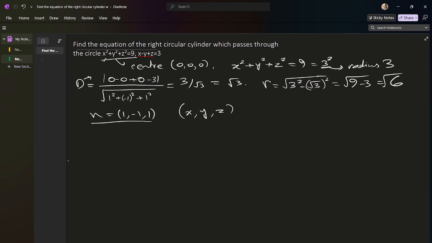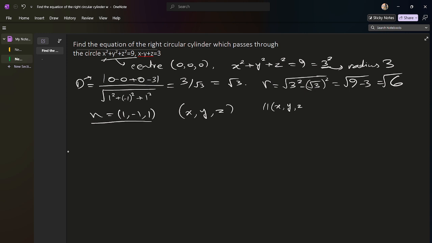So we have to calculate the distance first, with the directional vector 1, minus 1 and 1. How can we find it?